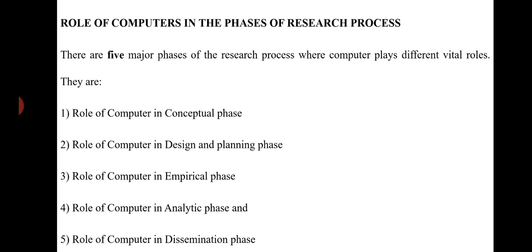The next one is empirical space. The role of computer in the empirical space. Computer helps in collecting the data and in the data analysis. After collecting data, it is stored in the computer in a Word file or an Excel sheet. The important applications used in research are data storage, data analysis, instrumentation control, and knowledge sharing.